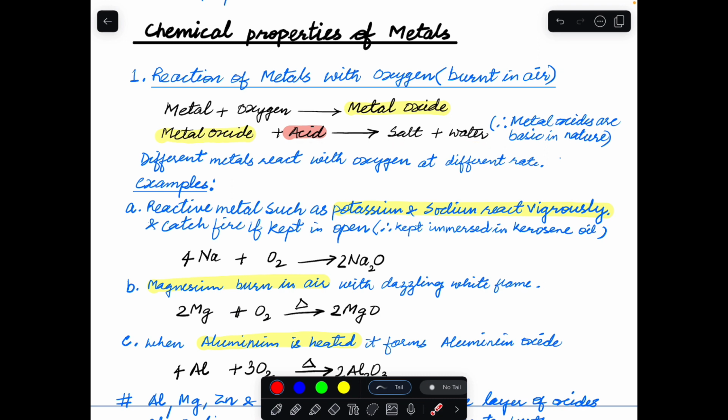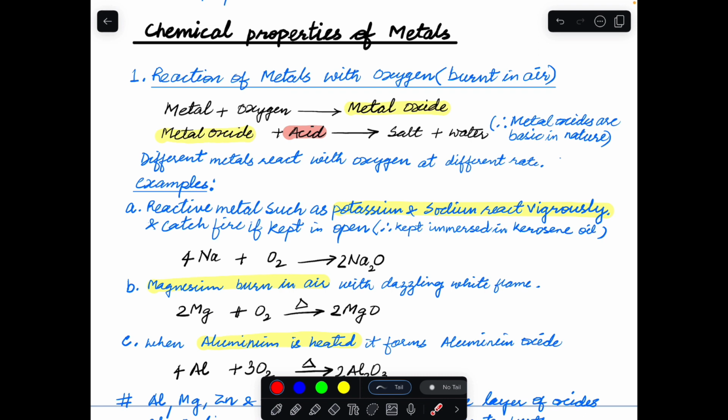You know, acids react with bases to form salt and water. So when metal oxides react with acid, that means metal oxides are what? They are basic in nature. So always remember, when metals react with oxygen, they form oxides, and these metal oxides are basic in nature, or they act like a base.